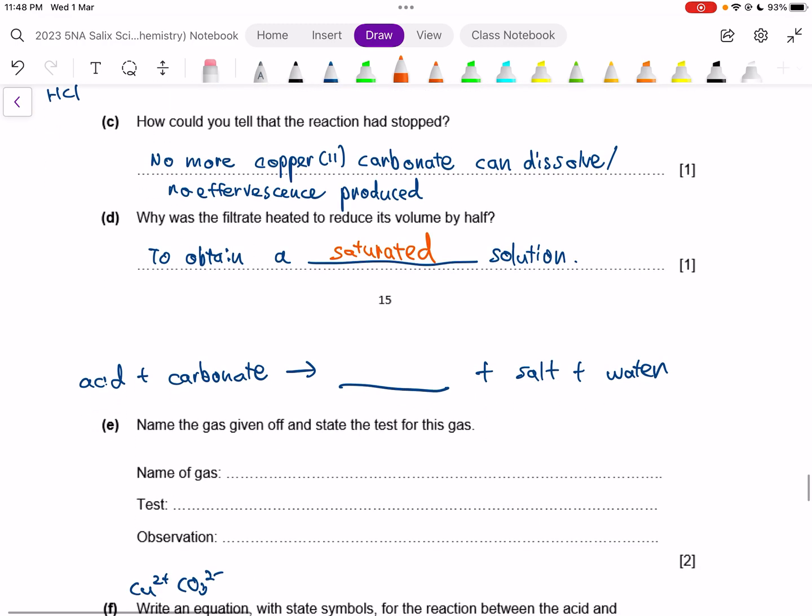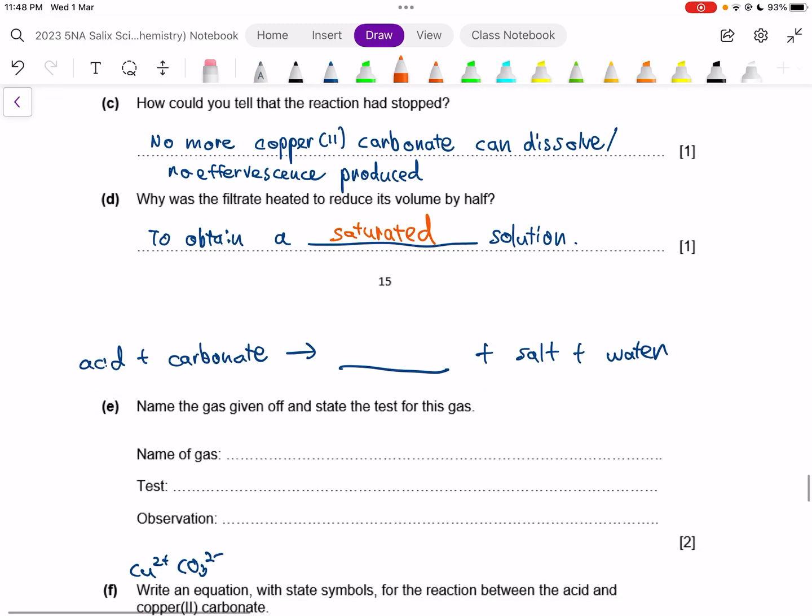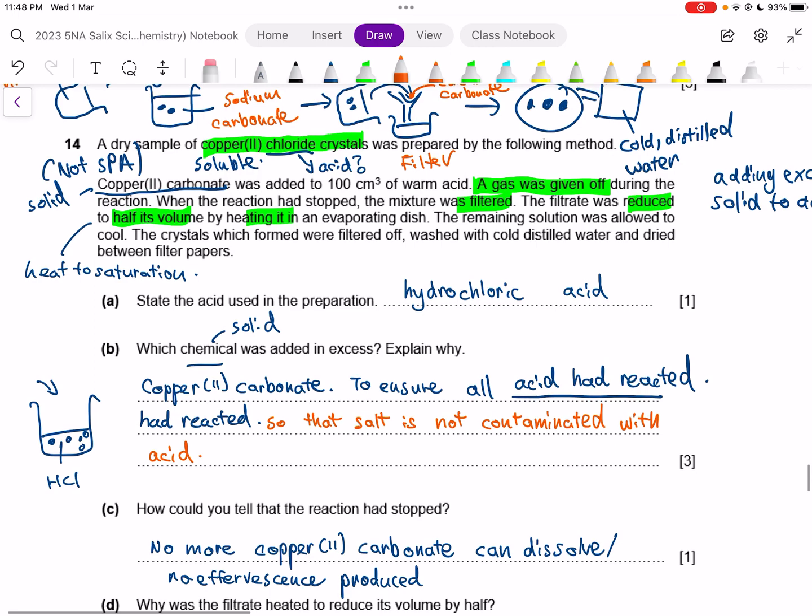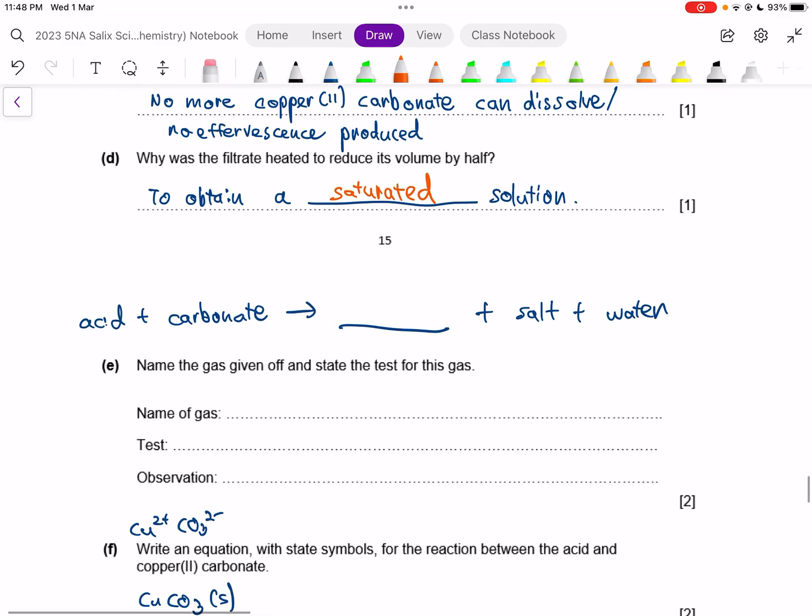Then it's an acid plus carbonate reaction. You have the acid, you have the carbonate. Acid plus carbonate gives you carbon dioxide, salt and water. So the gas they are talking about is CO2.